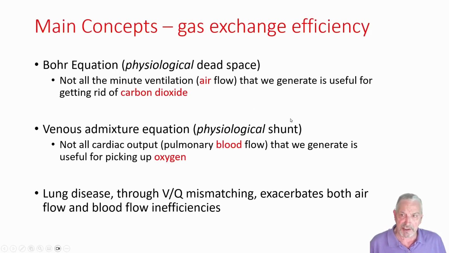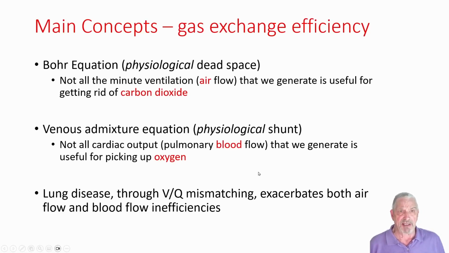And in this talk, what we're going to develop is the idea that the Bohr equation, which is about physiological dead space, tells us about the fraction of minute ventilation or airflow that's not very useful for getting rid of carbon dioxide, whereas the Venous-Admixture equation, or physiological shunt, tells us about the proportion of cardiac output or pulmonary blood flow that's not very useful for picking up oxygen and carrying it to tissues.